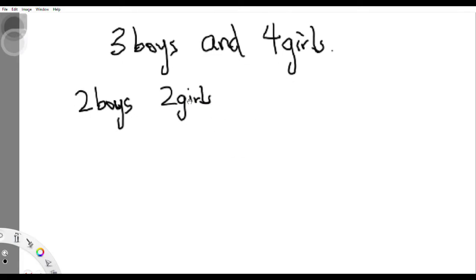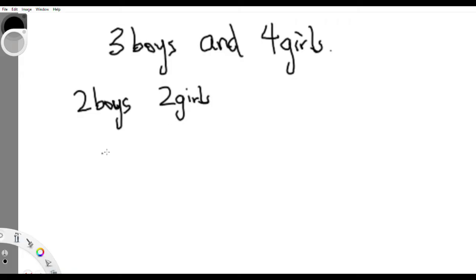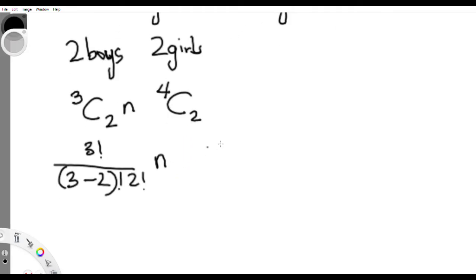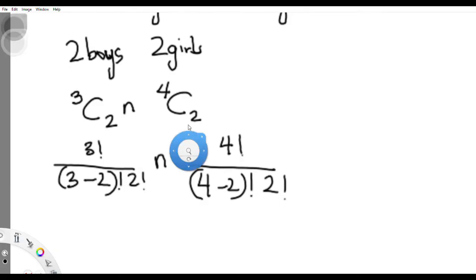Okay, now remember we already said it is combination, so 2 boys and 2 girls. Out of 3 boys you are trying to select 2, and out of 4 girls you are trying to select 2 as well. Then that should be 3 factorial over (3 minus 2) factorial, 2 factorial, times 4 factorial over (4 minus 2) factorial, 2 factorial.